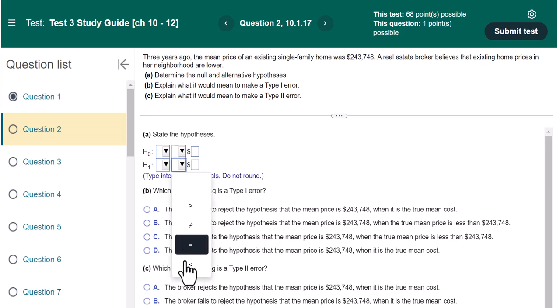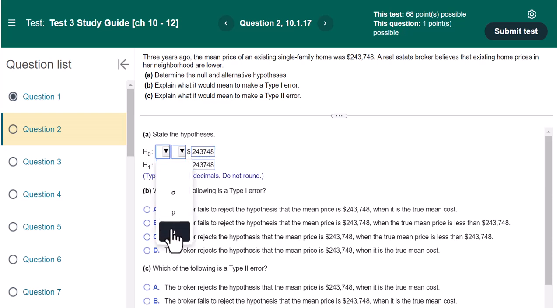So you will just use less here, and then you will put the amount, $243,748, and the same amount should be in the null hypothesis. And definitely we're testing the mean here because it's an amount, and in the null, as you know, it's always equal, and then you put equal there.